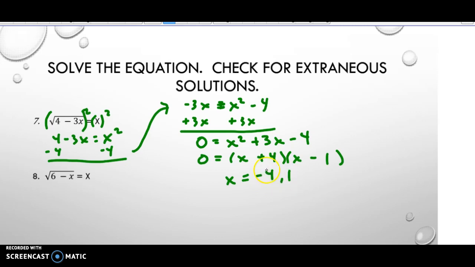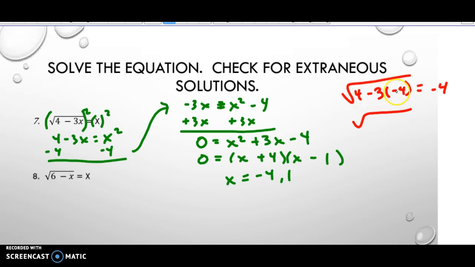However, when I substitute these back in, I might find that one of these does not make a true statement. And if that's the case, then it's an extraneous solution. So let's start by substituting -4 in here. So I have radical 4 minus 3 times -4 equals x, which in this case is going to be -4.